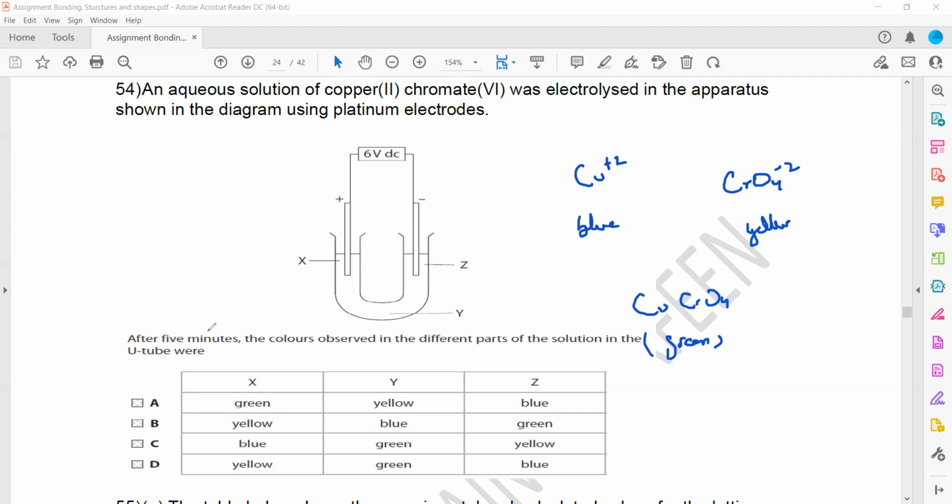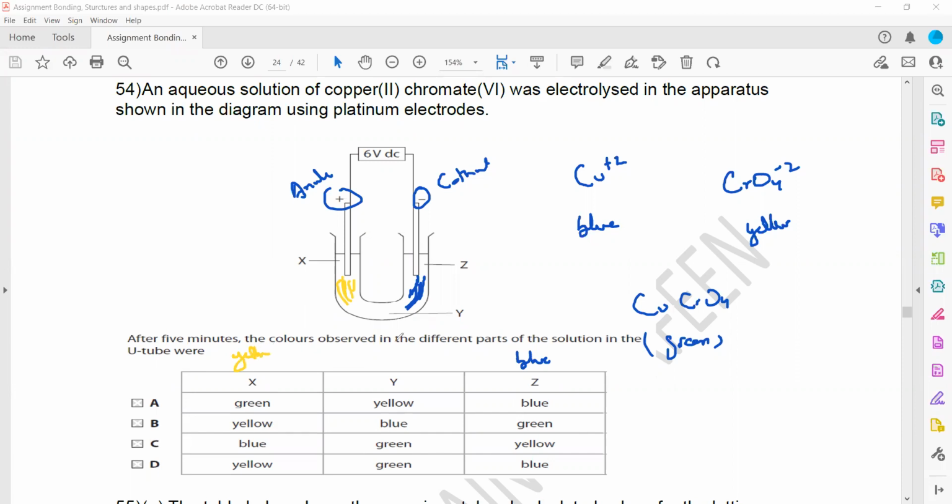The question is, after 5 minutes, what is the color observed in the different parts of the solution in a U-tube? The positive terminal is the anode and the negative terminal is the cathode. The copper ions will move towards the cathode, so at Z we'll see a blue color because mostly copper ions are there. Chromate ions, which are yellow in color, are attracted towards the anode, so at X we'll see a yellow color.